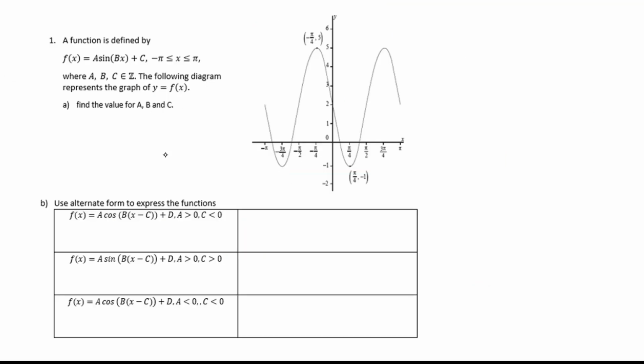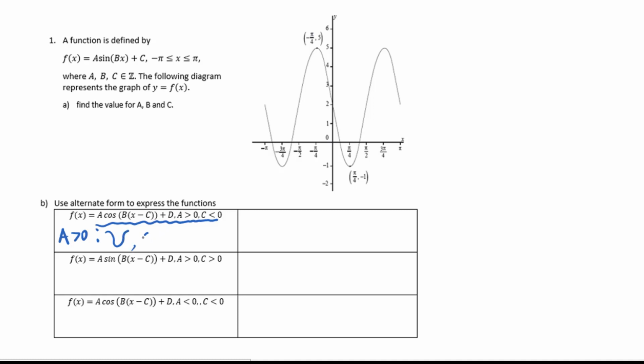Let's go to B. Use alternate form to express the functions. F of x equals a cosine of bx minus c, plus d. A is positive, c is negative. A is positive, which means the pattern will be positive cosine, like this.